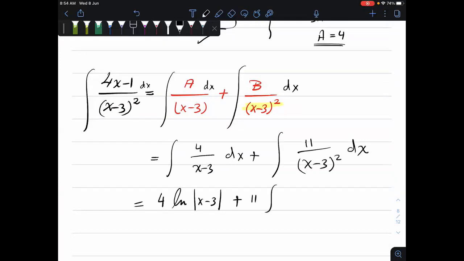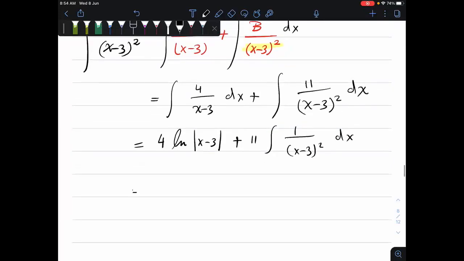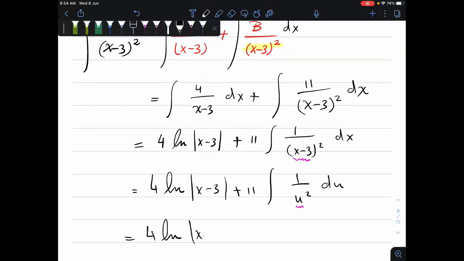Now, if we integrate 1 over x minus 3 all squared dx and leave the 11 before the integral sign, we will deal with x minus 3 because it's linear, as if it were u. So 4 ln absolute value of x minus 3 plus 11 and 1 over u squared. We let x minus 3 be u and dx will be du. We can write 1 over u squared as u to the power negative 2 and integrate by adding 1.